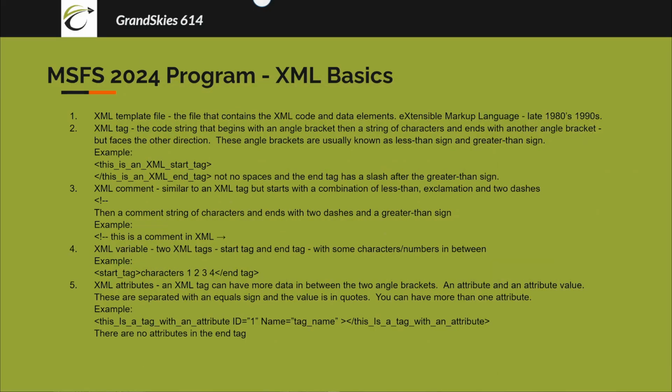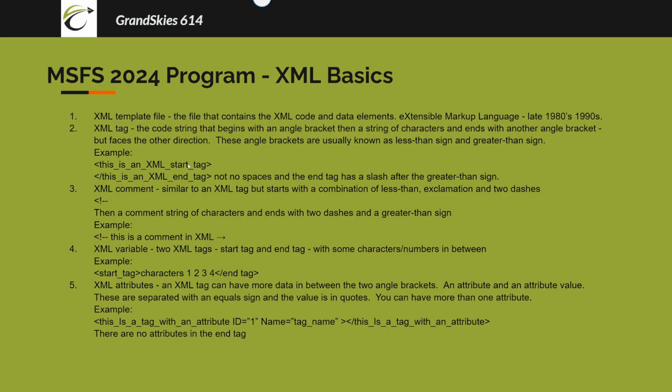An XML tag is a code string that begins with an angle bracket, then a string of characters, and ends with another angle bracket, but it faces the other direction. These angle brackets are usually known as the less than sign or greater than sign. An example of an XML tag is a start angle bracket, some text, and another angle bracket.